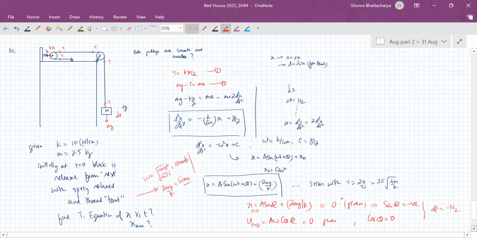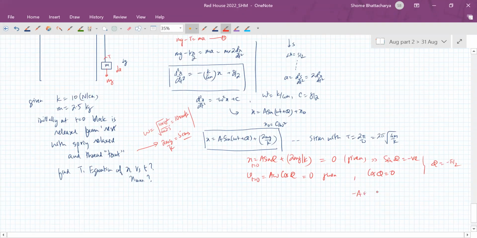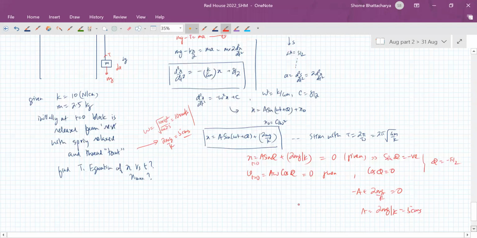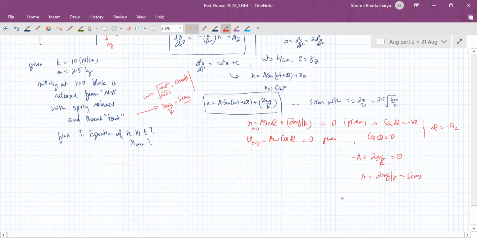And therefore minus A plus 2mg by k must be 0. So the amplitude must be 2mg by k, which is 5 centimeters. So my equation of SHM is now x equal to A sin(omega t plus phi) plus that x naught.